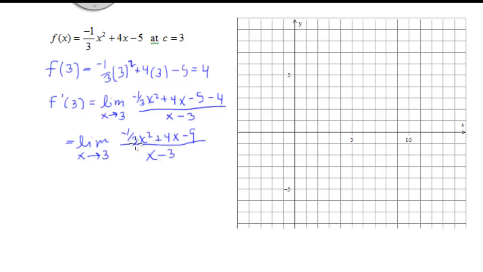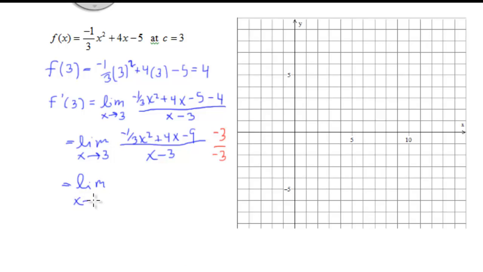Now you might be able to figure out how to factor with this fraction here, but I would recommend multiplying top and bottom of this expression by negative 3 over negative 3, so that this first term ends up being x squared. That will make the factoring much more manageable and easier to figure out.